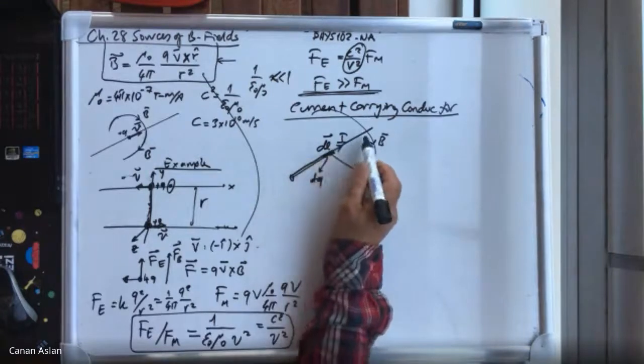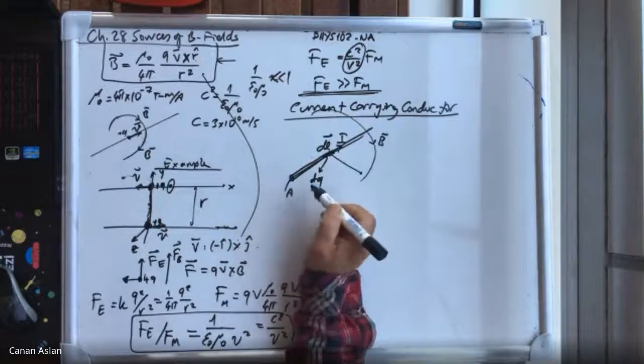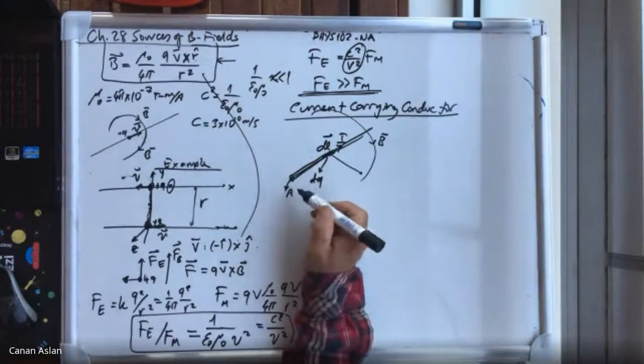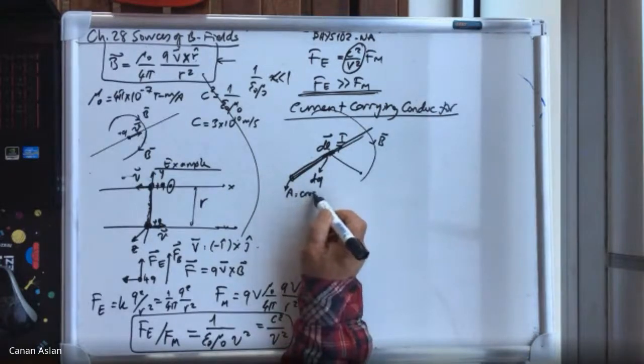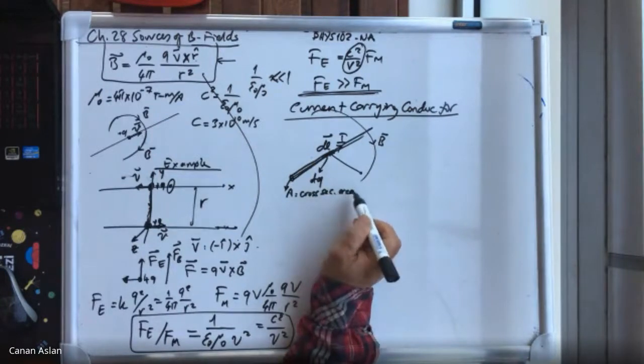And let's say that this wire has a thickness, and the cross-section area is A.